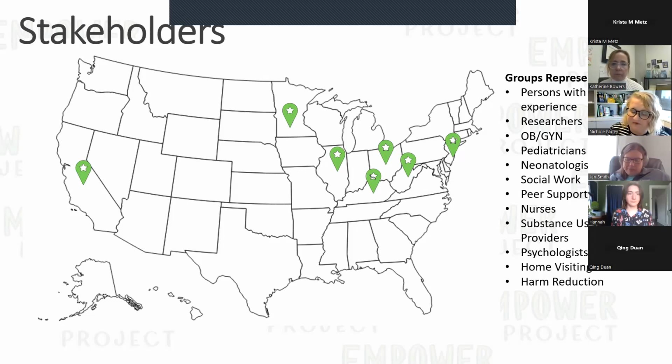And I think something that's really special about our collaborative is a majority of our stakeholders have that lived experience of substance use. So 20 out of our 30 have lived experience of substance use during pregnancy. The other groups that are represented include a lot of different types of healthcare providers that care for moms and babies, community partners, and others.